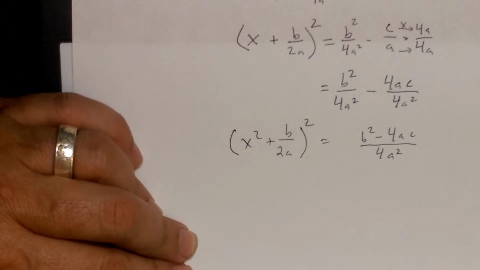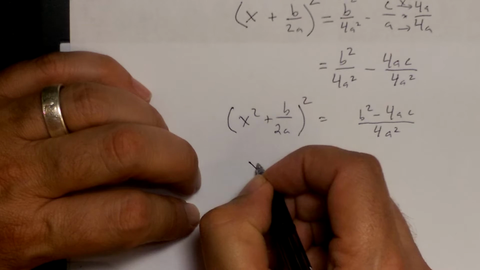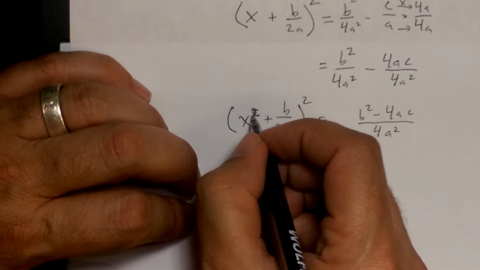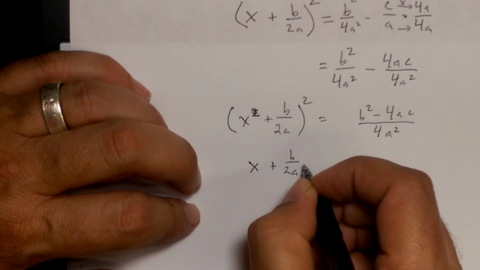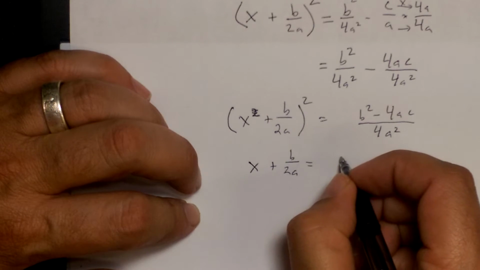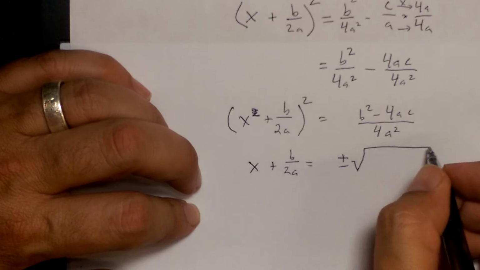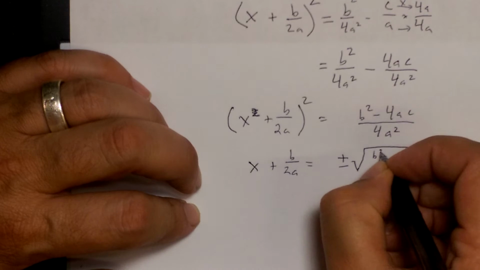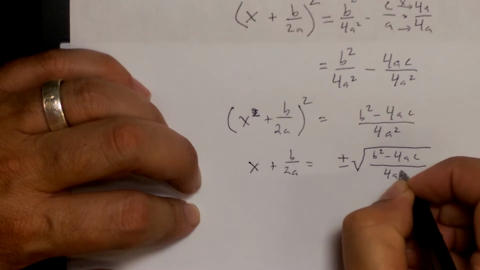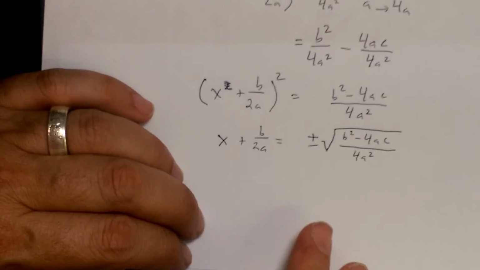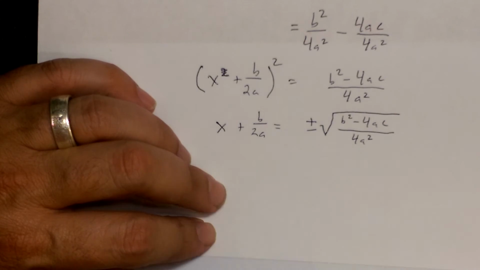And now we want to find our zeros. So we're going to take the square root of each side, and we'll be left with x plus b over 2a equals positive and negative the square root of all of this up here, so b squared minus 4ac all over 4a squared. Now if you remember, when we're doing the square roots of fractions, we can take the square root of the top and the square root of the bottom.